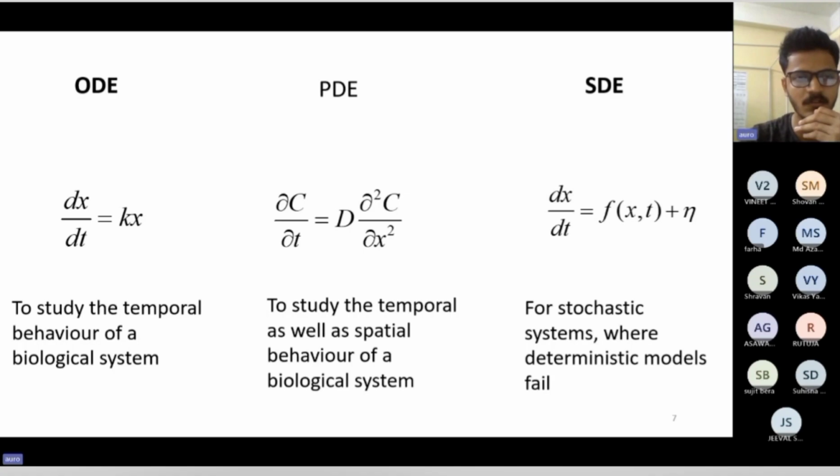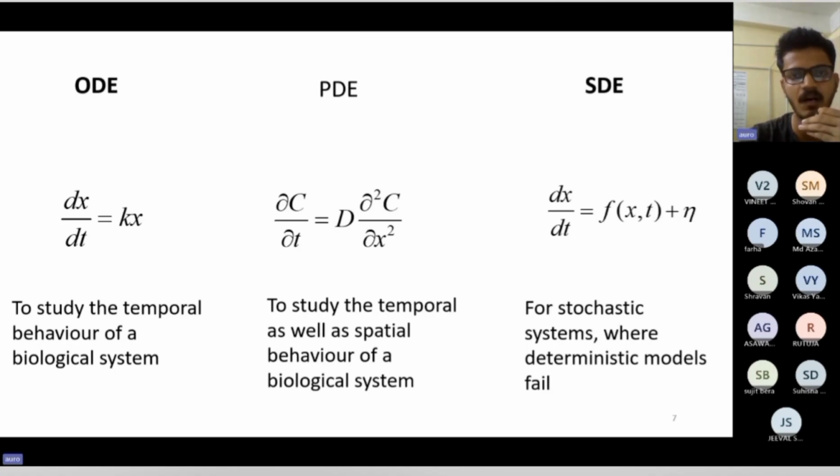An ordinary differential equation, I think we have all studied, with a simple example like dx/dt = kx. Here we have only one independent variable, and when we are modeling biological systems, that independent variable is mostly time. X can be anything. X can be the amount of a protein, or the rate of a chemical reaction. Anything. We are measuring something with respect to time, how it behaves. Those are mostly modeled by ordinary differential equations.